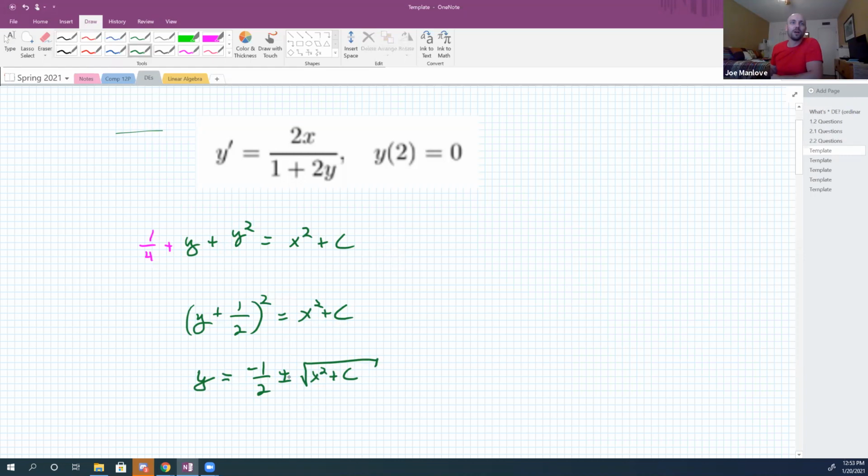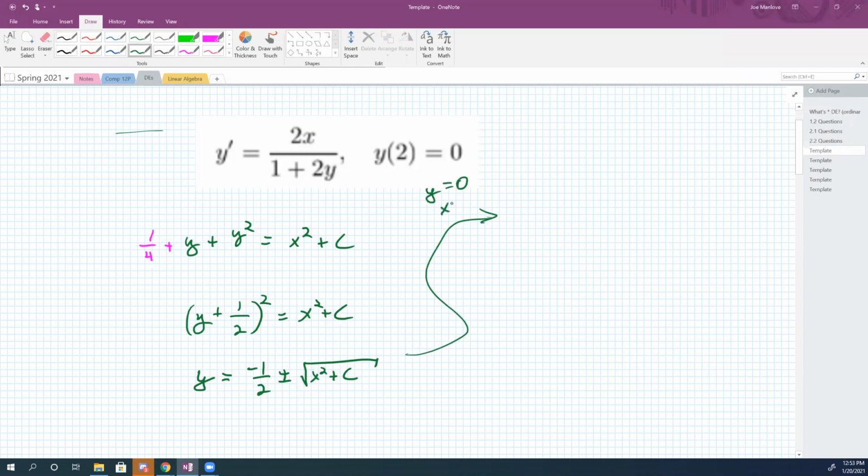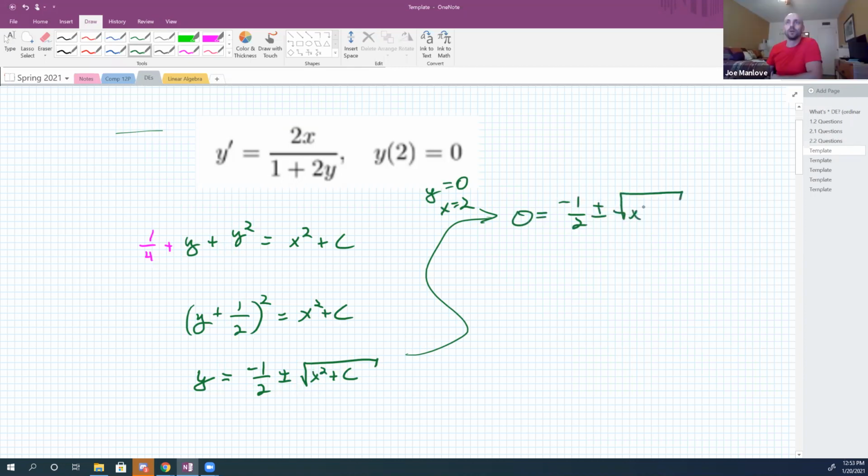And then when I plug in my values, I'm going to plug in y is 0 and x is 2. So I'm going to get 0 is minus 1/2 plus or minus the square root of 4 plus c.